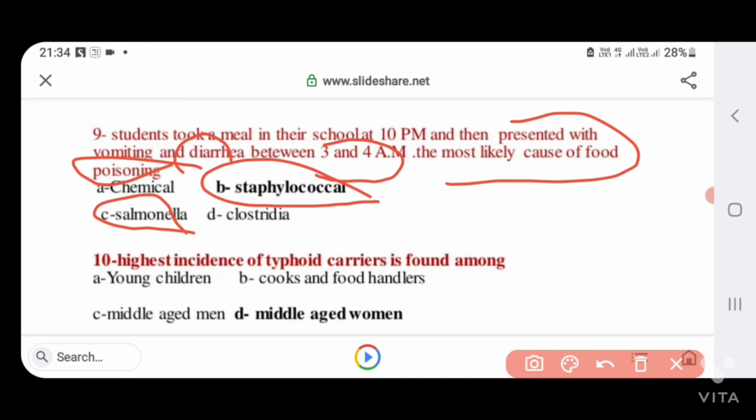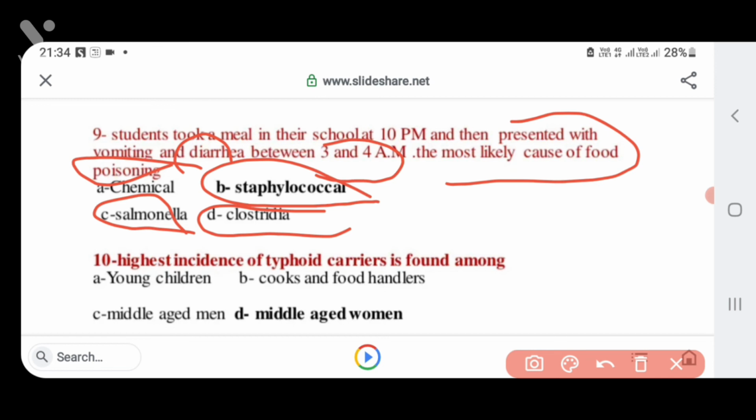But staphylococcal will be the right answer, because this infection causes symptoms within 3 to 4 hours. If the person has taken the meal at 10 p.m. and the symptoms arise at 3 and 4 a.m., it means just 4 to 5 hours have passed. So the reason for this infection is staphylococcus.